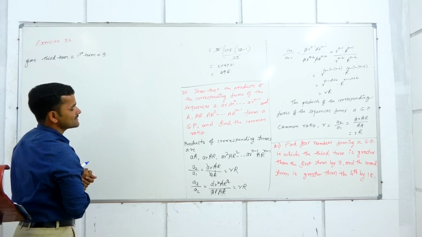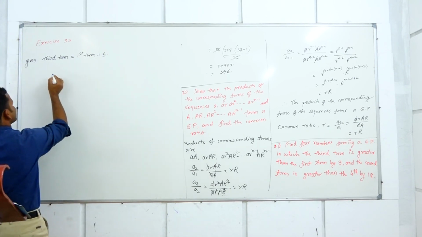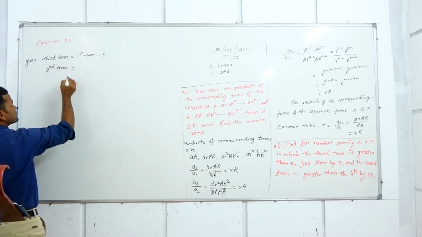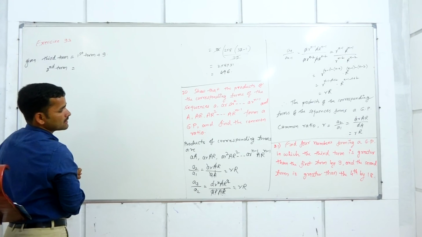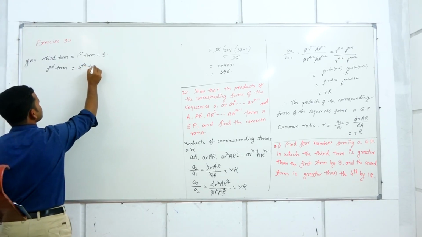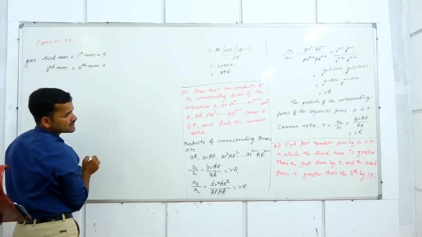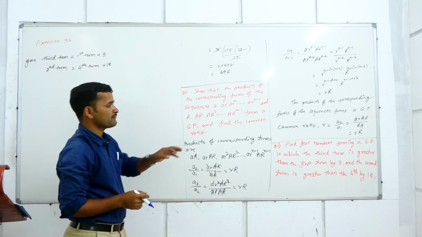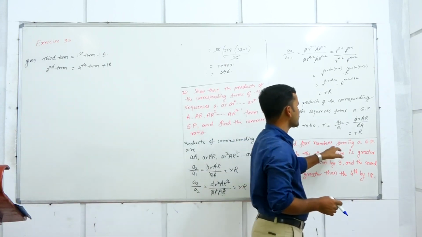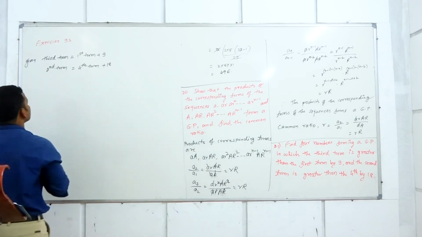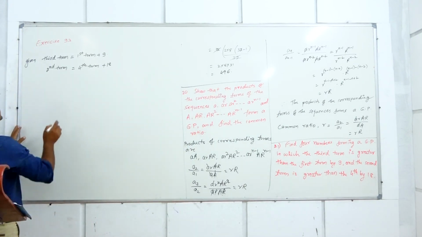And the second term is greater than the fourth term by how much? By 18. We have to find first the four numbers forming a GP. We have to calculate the four numbers. Okay, very easy it is.